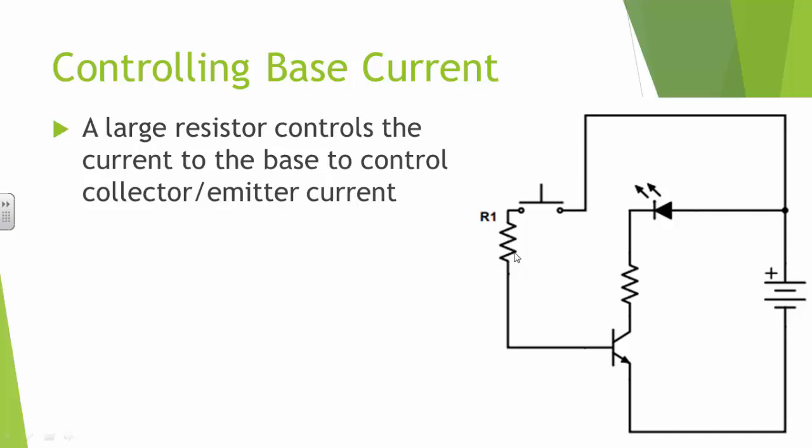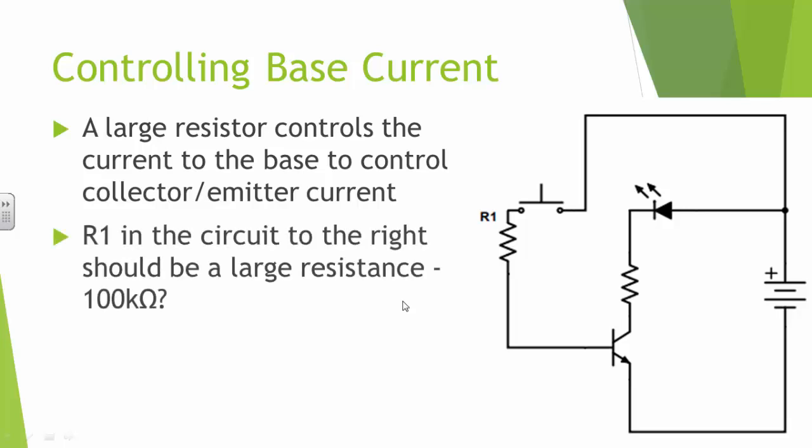It's typically large because, remember, Brattain and Shockley told us we only need a small amount of current to allow current to flow through this transistor. So we use a fairly large resistor to make sure the current to the transistor is very low. A typical value for R1 might be 100 kilo ohms. The exact value depends on the transistor itself.